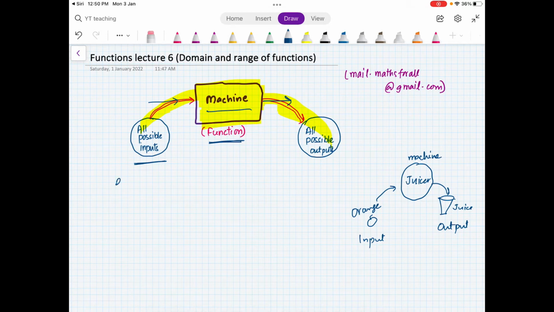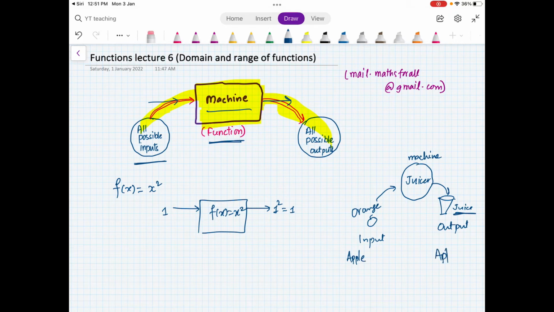For example, if I have a machine like this, f of x is equal to x square. If I feed 1 here, I will get 1 square. If you feed orange in the juicer, you will get orange juice. If you feed apple, you will get apple juice.